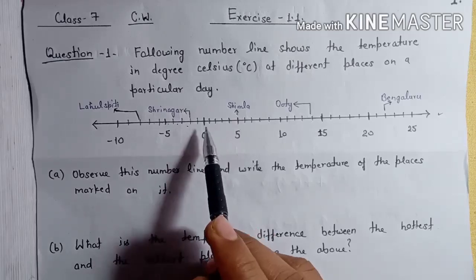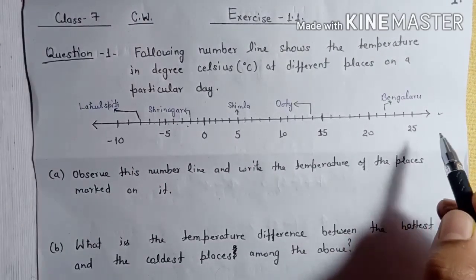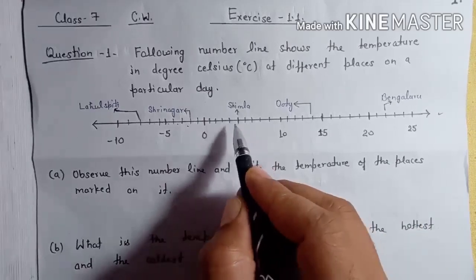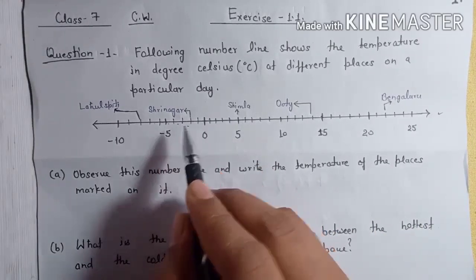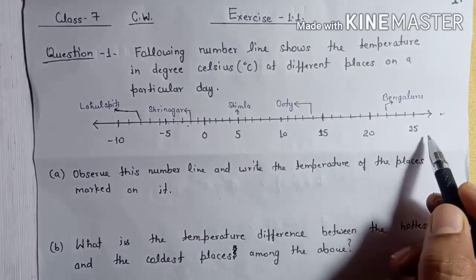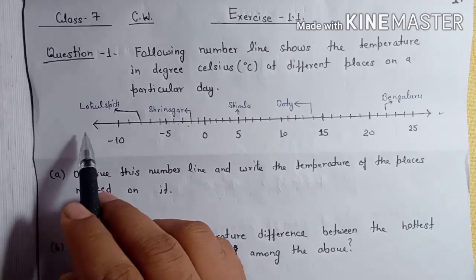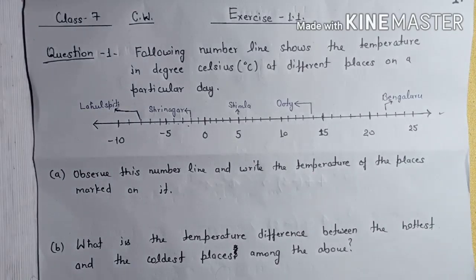So you can see a number line where this line represents temperature in Celsius. Here we have 0, -5, -10, 10, 15, 20 and 25 degrees Celsius. This is the reading given on this number line.